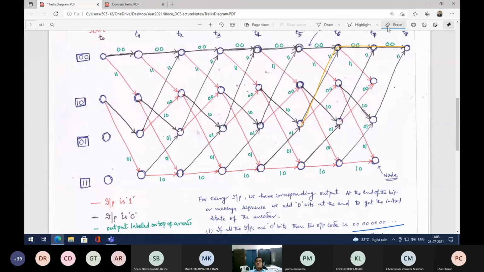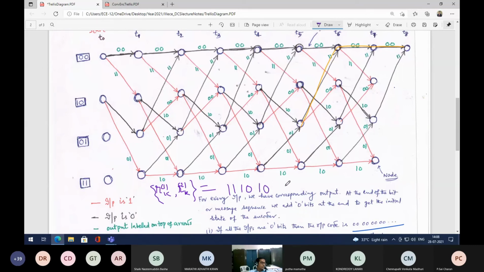So my received sequence is RK, RK1 and RK2, which equals, let me write the received code word: 1 1, 1 0, 1 0.